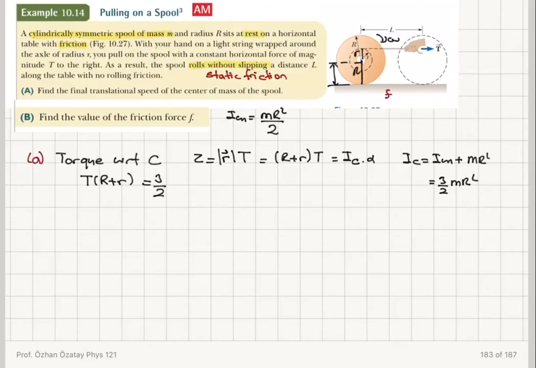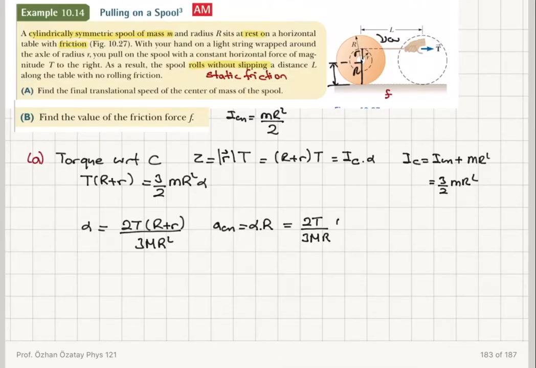Therefore, I will find that the torque T times (R plus r) is equal to 3 over 2 mr squared alpha. So my angular acceleration should be 2T(R plus r) divided by 3mr squared. Then the center of mass acceleration will be, because it's rolling without slipping, alpha times r, so it will be equal to 2T over 3m times (R plus r).